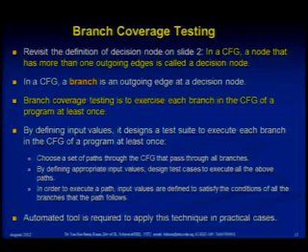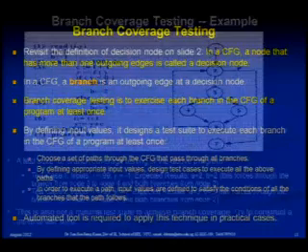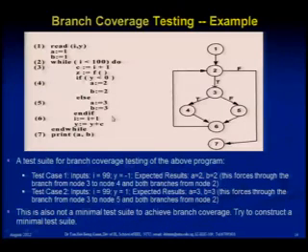Now we come to branch coverage testing. Earlier on, we learned the concept of decision nodes. A decision node is a node in the control flow graph with more than one outgoing edge.